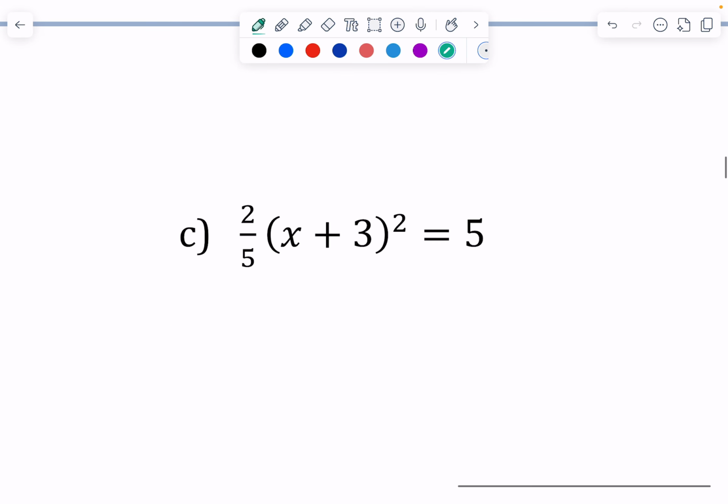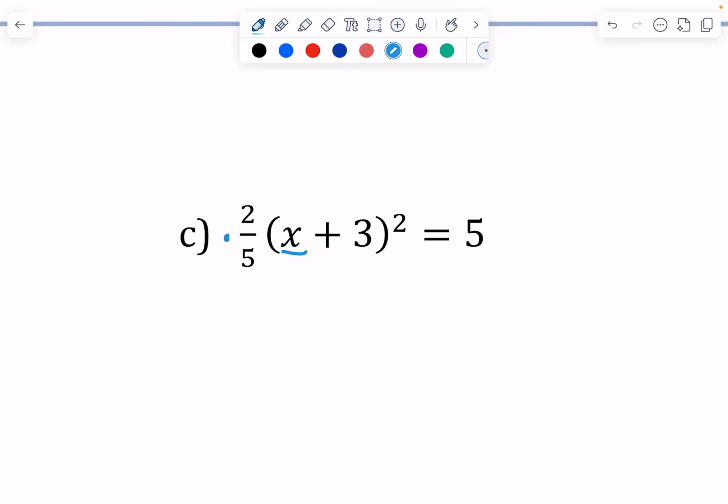For C, this one looks a little bit weird. Same idea though. I want to isolate the variable. So how do I do that? I need to get rid of everything else. The difference in this problem is just we're going to do multiplication first instead of subtraction or addition. So I need to get rid of what's on the outside of the parentheses first.